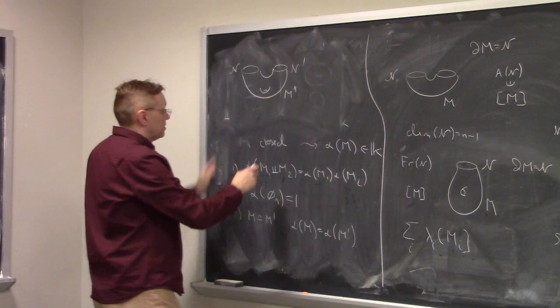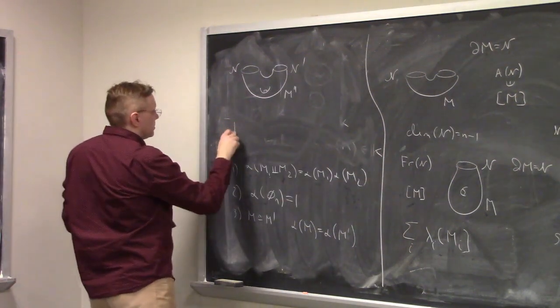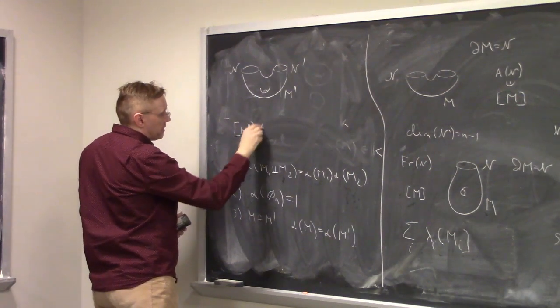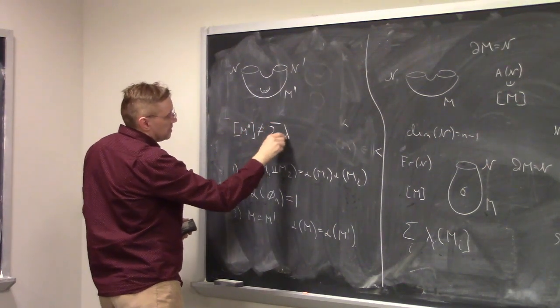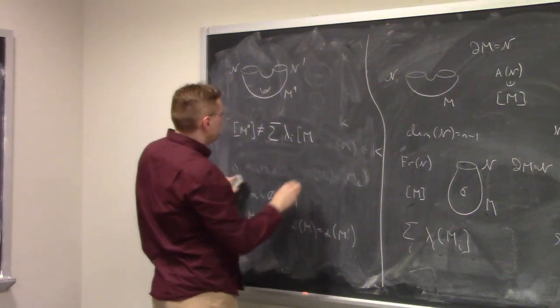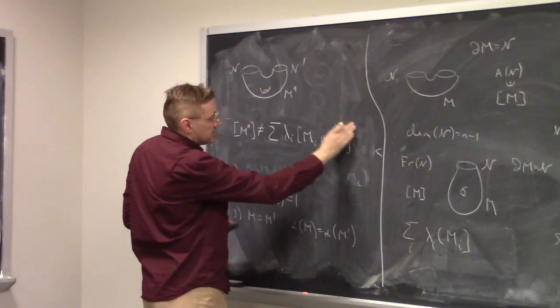So in the state space, bracket of M double prime might not be equal to any sum of lambda i, bracket of M_i union bracket of M_i prime.